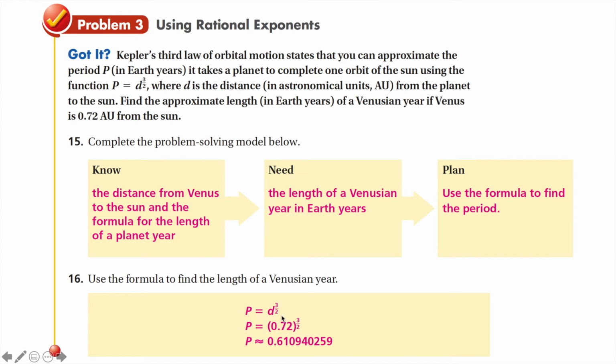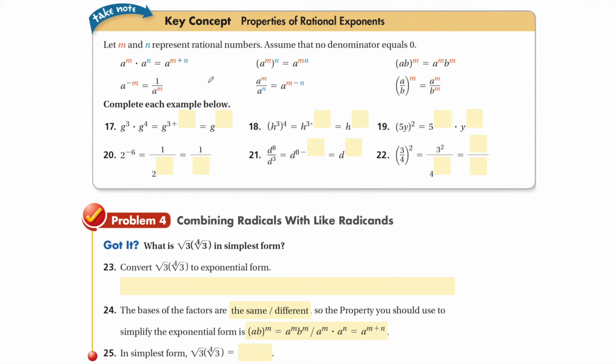So we're going to plug 0.72 in for the d value, and then raise it to the 3/2 power, and it's going to be roughly about 0.610940259 Earth years.